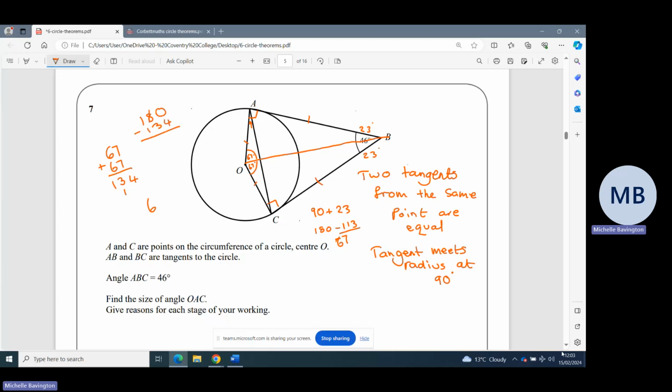I'm not doing my calculations very good here. Which leaves me 46. It's an isosceles. Divide by 2. So that's going to be 23 degrees.